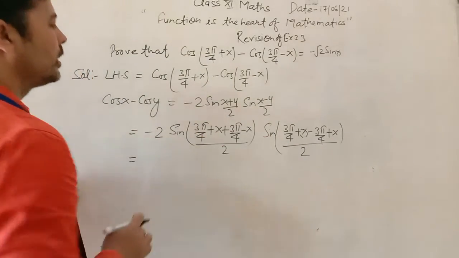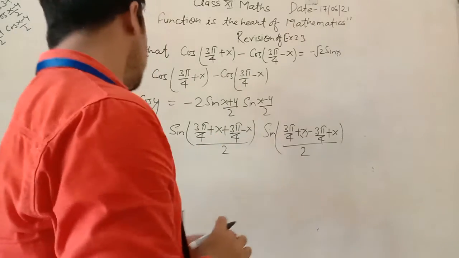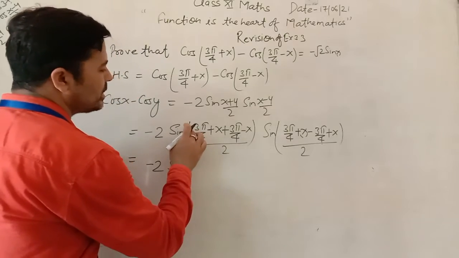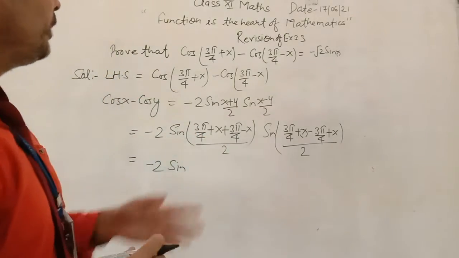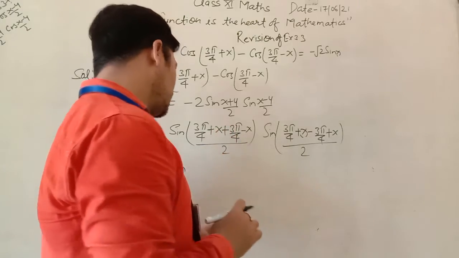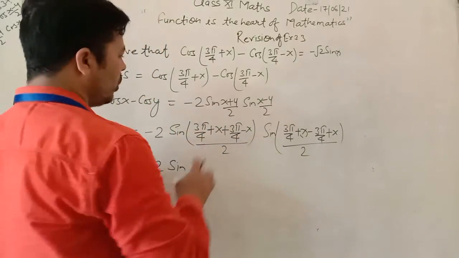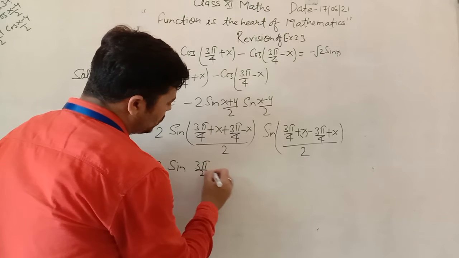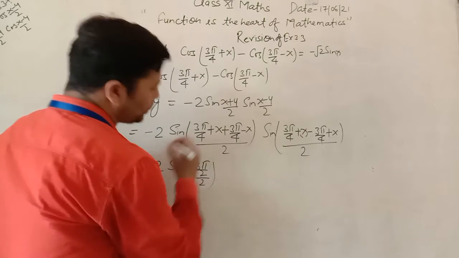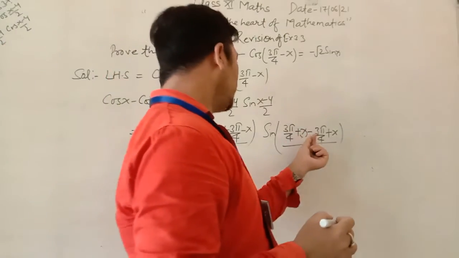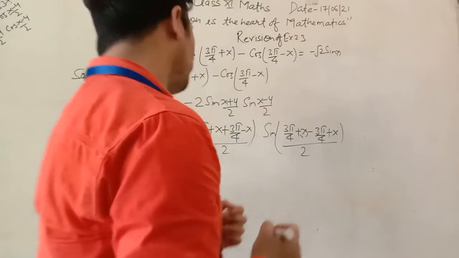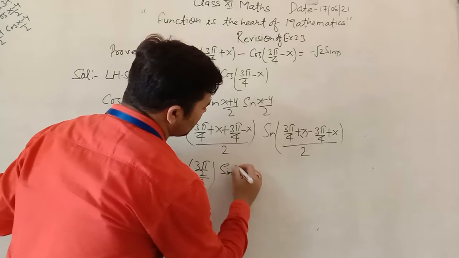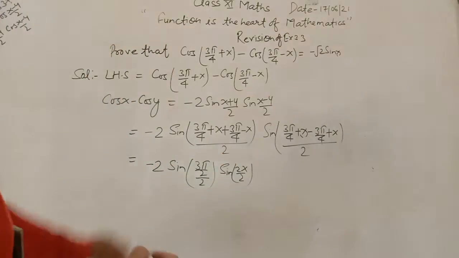You know that the x terms cancel each other in the first part. This is −2 sin of 6π/4, which is 3π/2 upon 2. Here the 3π/4 terms cancel each other in the second part. This is sin 2x upon 2.